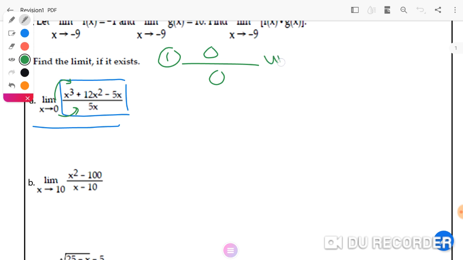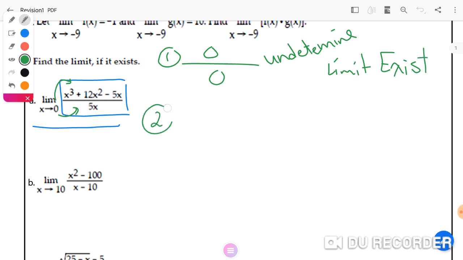That is called undetermined value. Limit exists. But to find this limit, I have to redefine the function in step 2. Redefining the function, maybe I'll use the dividing out technique or the rationalizing technique.